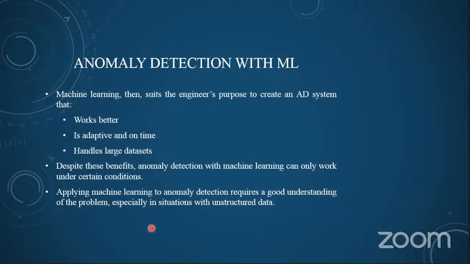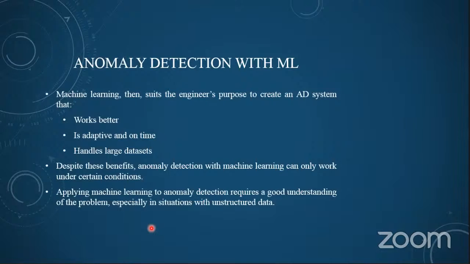Now, we found the difficulties of building an anomaly detection system using fixed algorithms. So nowadays we are incorporating machine learning technologies into anomaly detection so that the system works better, is adaptive over time, and handles large data sets.